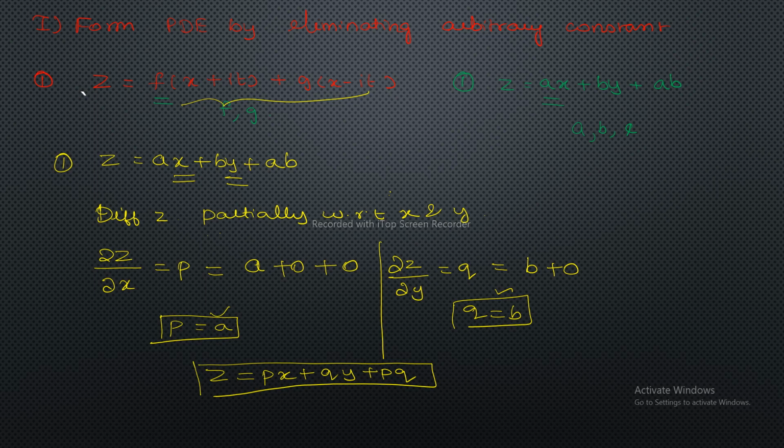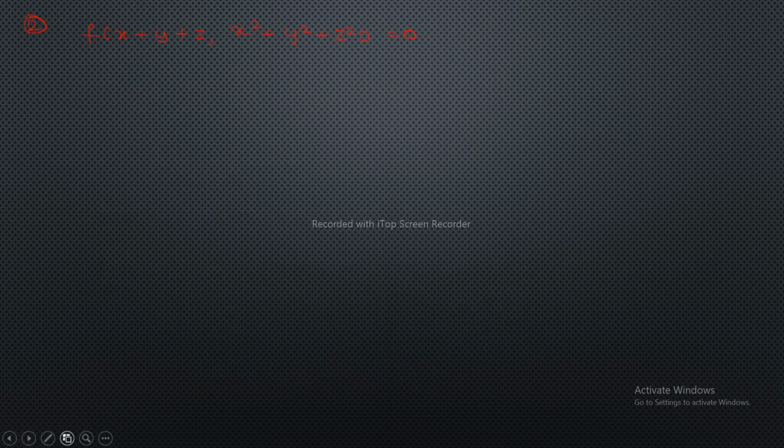Now the next question is f of x plus y plus z and x square plus y square plus z square equal to 0. So this equation is of the form f of u comma v is equal to 0. This is second type. Okay, so f of u comma v is equal to 0, where u is x plus y plus z and v is x square plus y square plus z square.